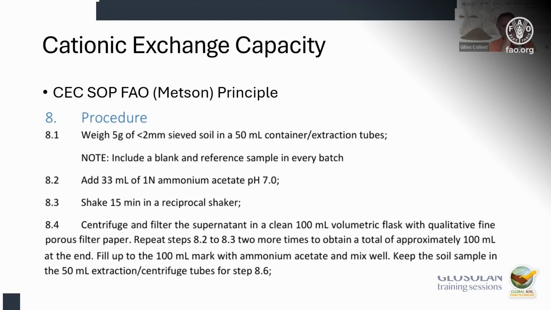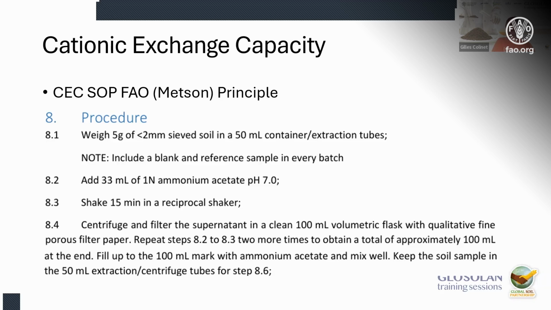You shake, then you centrifuge, you filter, and you put your supernatant in a 100 milliliter volumetric flask, and you repeat it. So you make it 3 times. So at the end, you have almost 100 milliliters of supernatant, and you put it at level 100 milliliters.